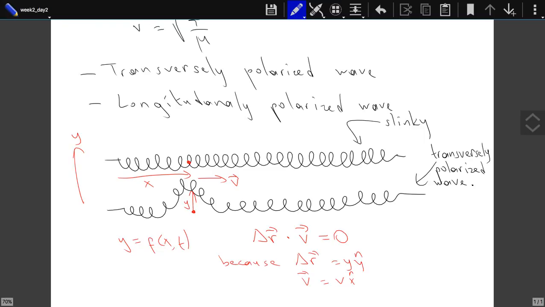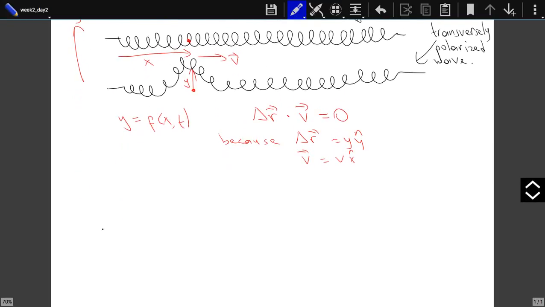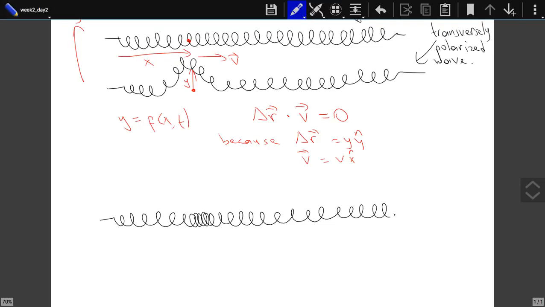Or I take the same slinky, I'm holding the left-hand side, I just push it and pull it back. In that case, what I will observe is this one. Now, this point, originally at that position, is now over here.